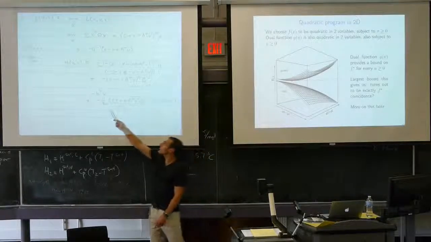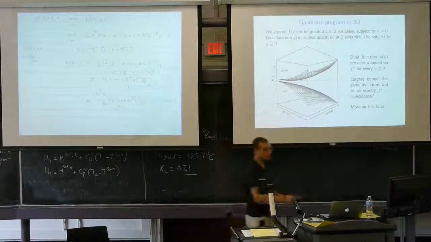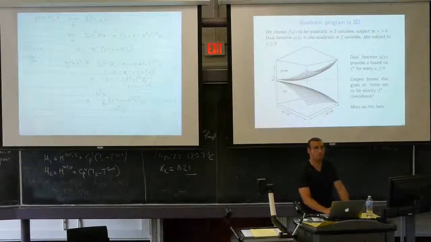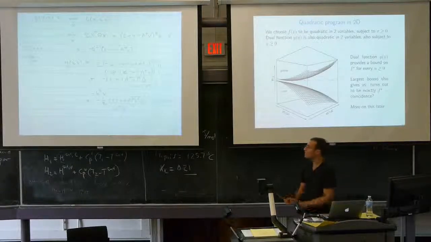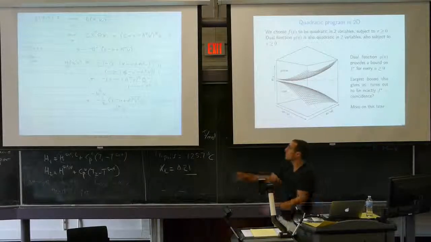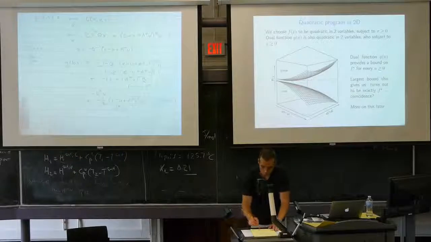And look, I have minus sign, so it's going to be tilted downwards here. And I also have the constraint for this that it has to also be non-negative in both of its coordinates, which were u, right? This was a valid bound for any v and u that's non-negative.